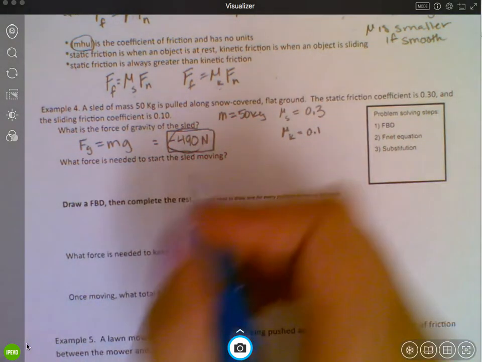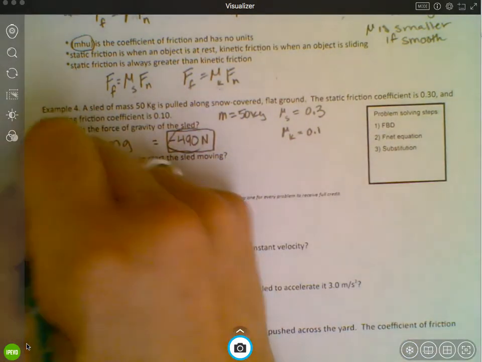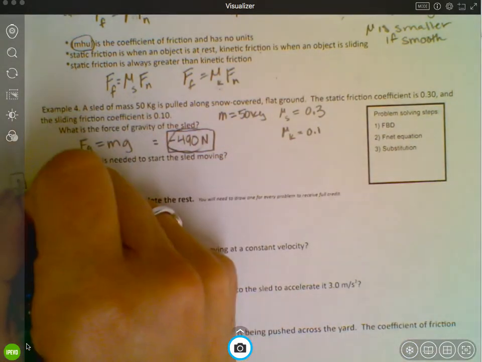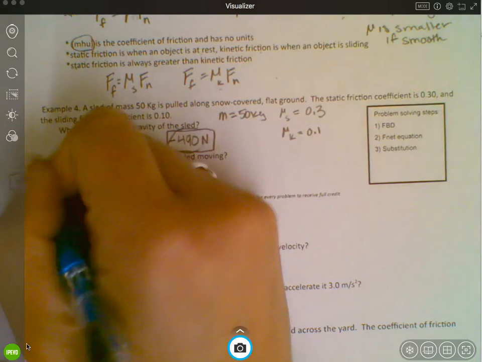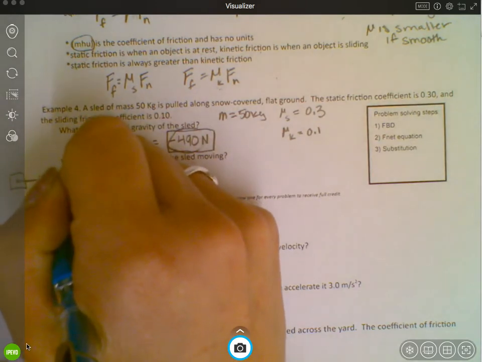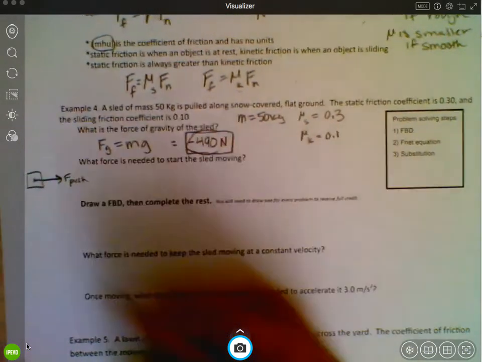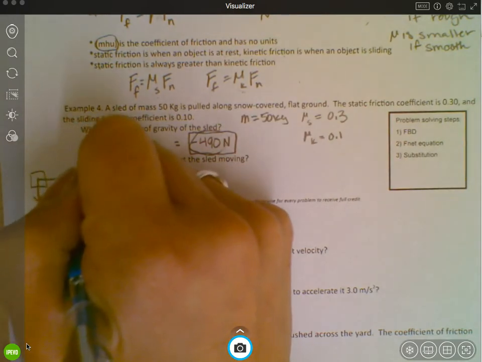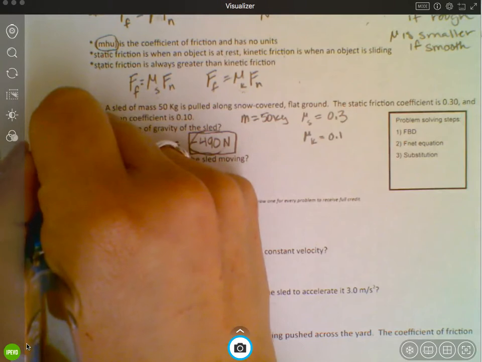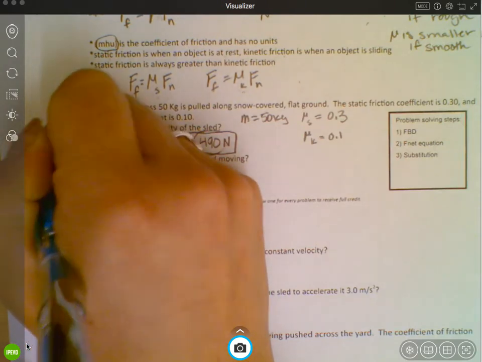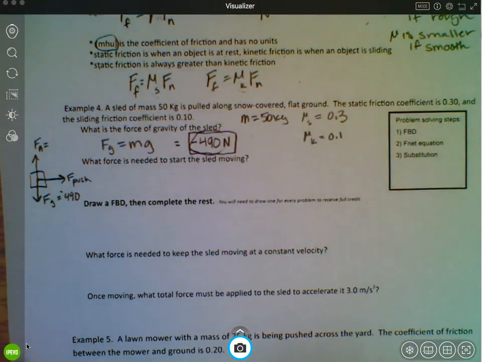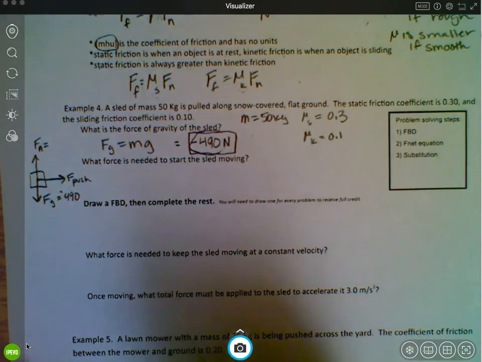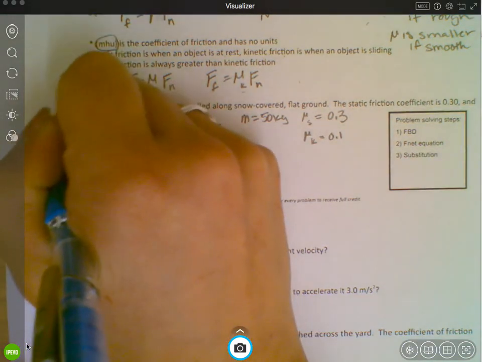What force is needed to start the sled moving? So here's where it gets a little tricky. Let's draw ourselves a little free body diagram here. This is some pushing force to get the sled moving. We have gravity, which is 490. You could put negative if you want. We have normal force, which, since the sled is not going to move up or down, not going to accelerate that way, we know has to be 490 also.